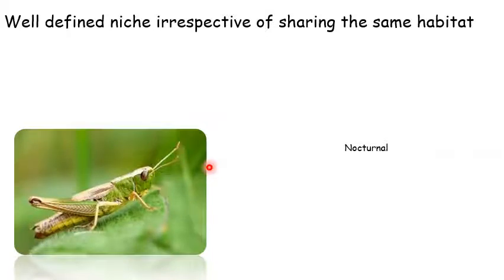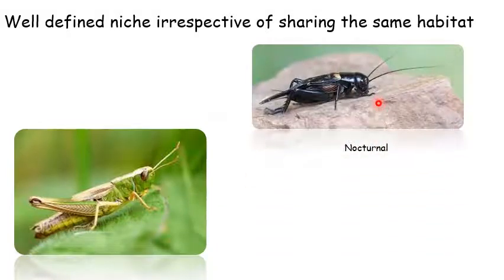So here you have this grasshopper. This grasshopper will be very active during the daytime, and it will be feeding, and it will have its own niche. And the cricket will be very active during the night time, hence it is known as a nocturnal species, right? It goes and feeds during the night and avoids competition by not sharing the same niche with this grasshopper.